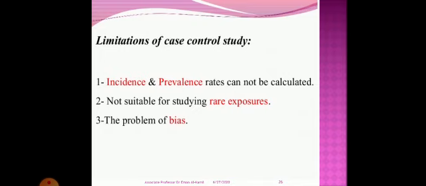We start with the disease, so we cannot estimate the incidence or the prevalence of the problem. It is not suitable for studying rare exposure. Sometimes if there are rare exposures, it is not suitable. And there is also the problem of bias, and we are going to discuss how to eliminate this bias.